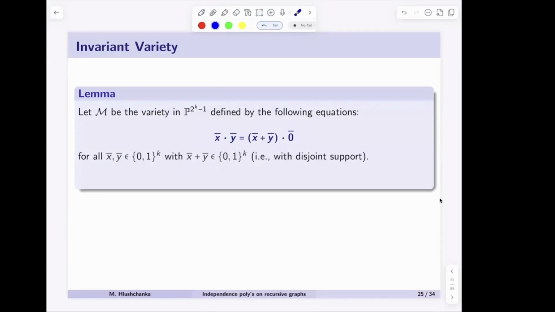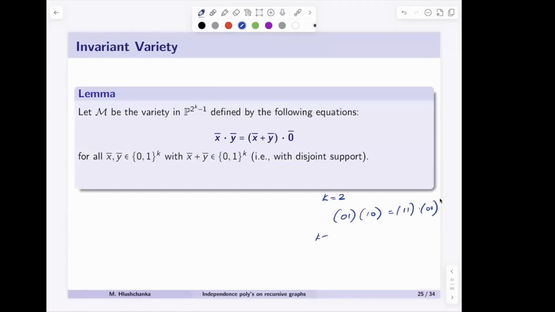Just to give some intuition, if k is 2, then I only have one equation of this sort.